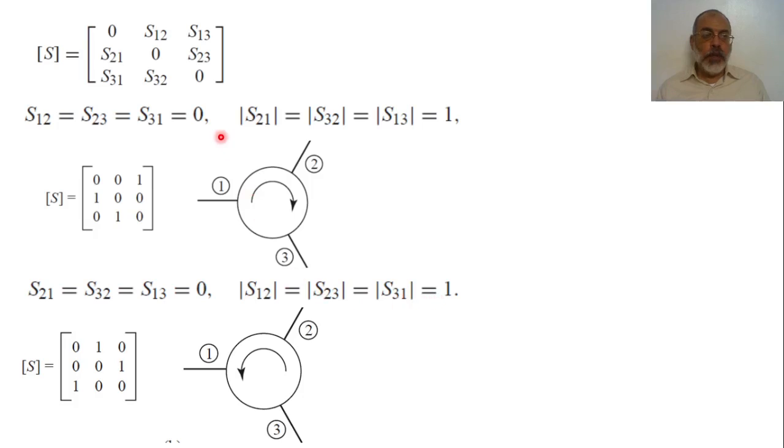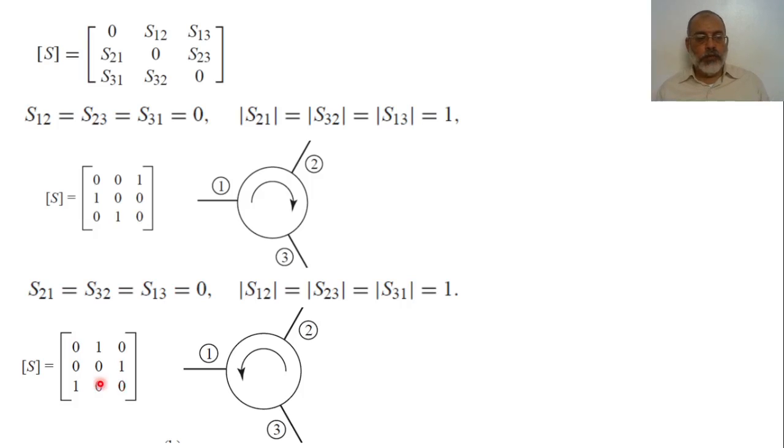In this case, S11 is 0, S12 is 1, S13 is 0, S21 is 0, S22 is 0, S23 is 1, S31 is 1, S32 is 0, and S33 is 0.